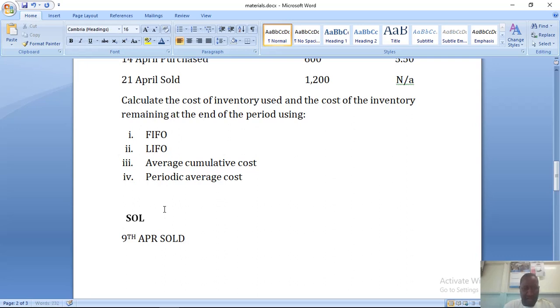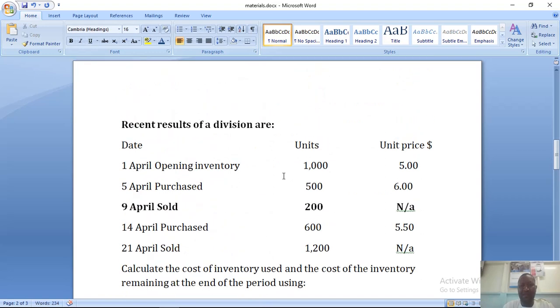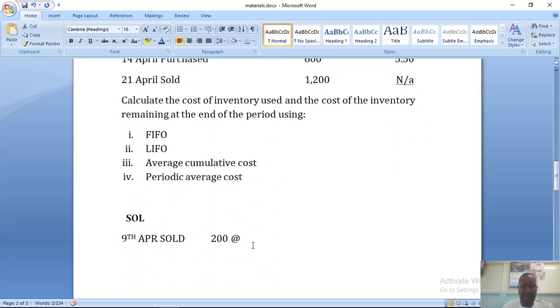Those units are 200 units, and these units are coming from the earliest consignment that we had, 1,000 units. There it is, multiplied by the value of those units. The value per unit is $5.